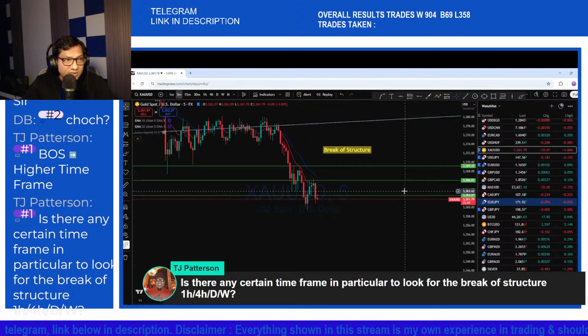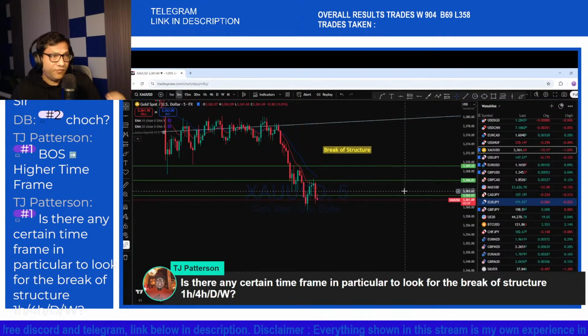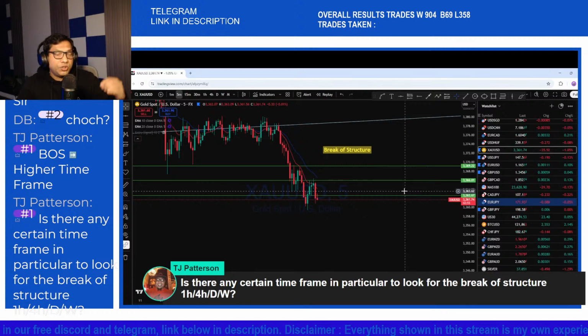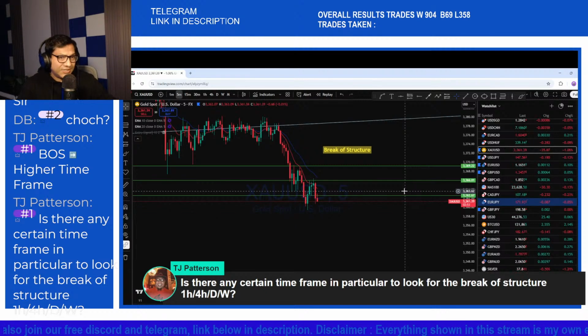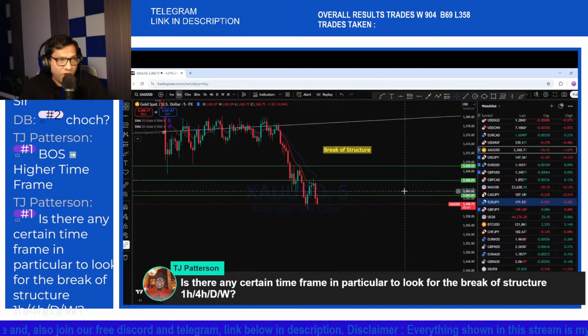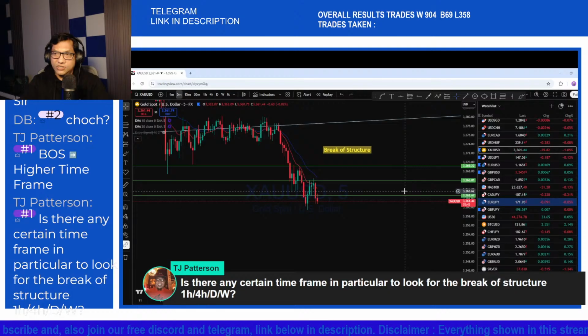Support and resistance come from the higher time frame, not from the lower time frame, because when you use the higher time frame for support and resistance, it's much more reliable, and you understand the direction of the trend very clearly from the higher time frame.